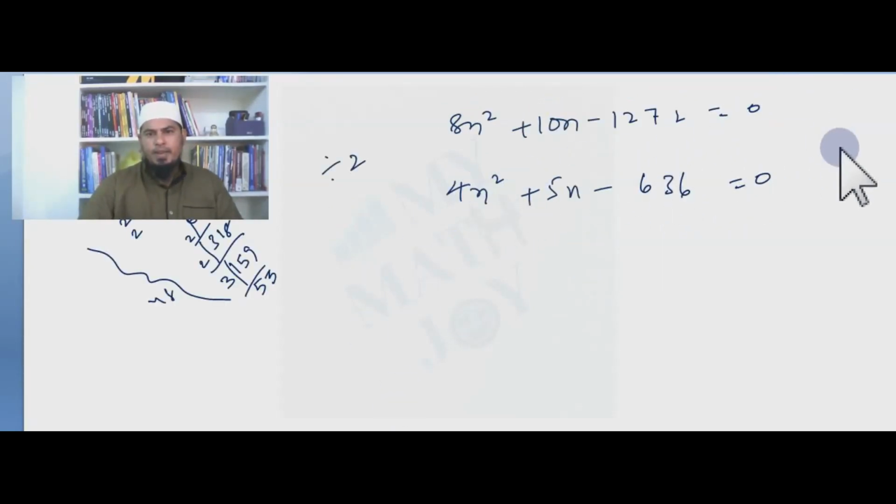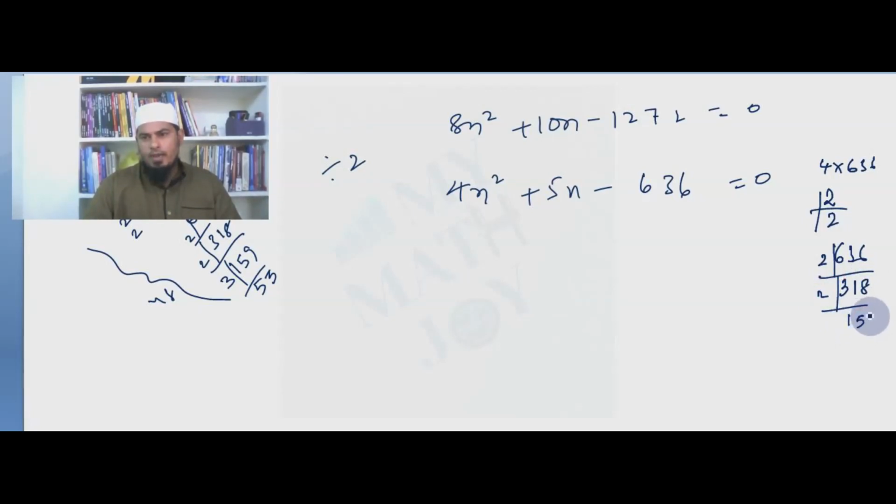If 636 is multiplied by 4, you will get a big number, but I want to make a factorization like this. 4 times 636, prime factorization I am doing: 2, then 636 factorization we get 2, 318, 2, 159, 3, 53.